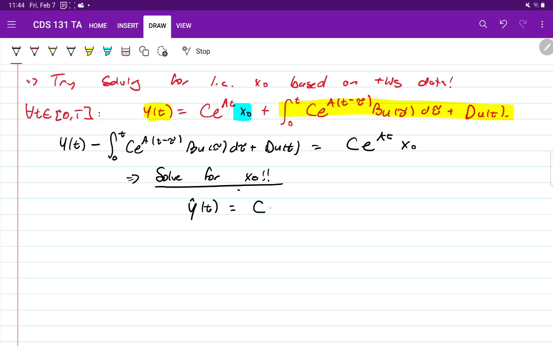So what we're really trying to do is solve ŷ(t) = C e^(At) x0. Let's suppose for convenience that ŷ is differentiable. We're just sketching out a basic idea right now, so we can make any assumptions we want to make this problem a bit easier. So we're assuming ŷ is differentiable.